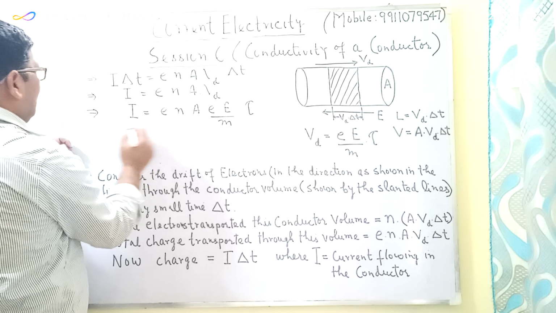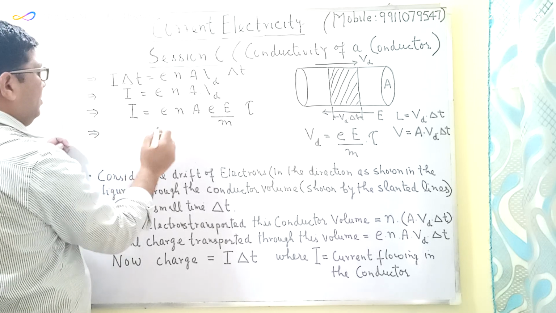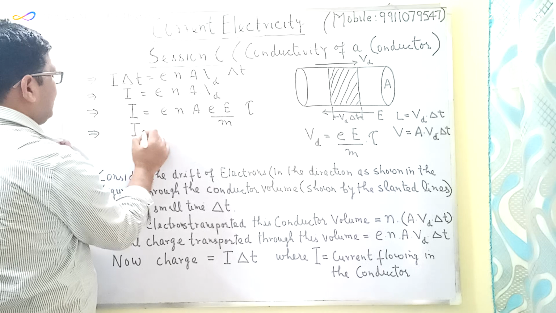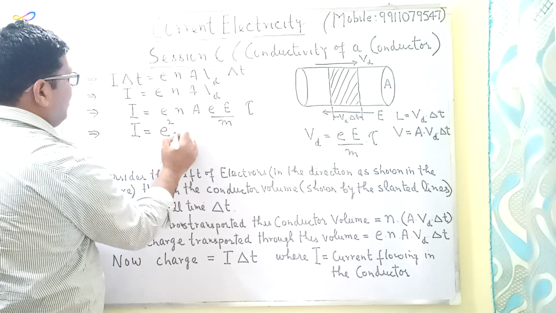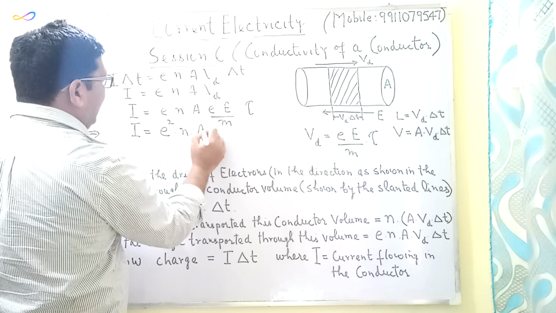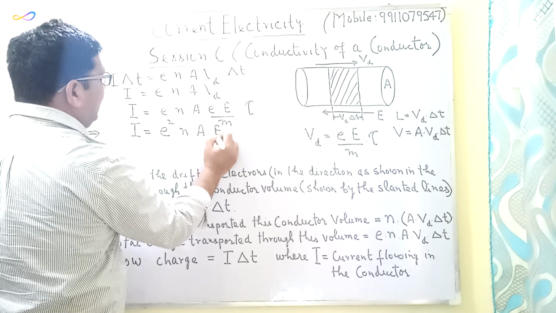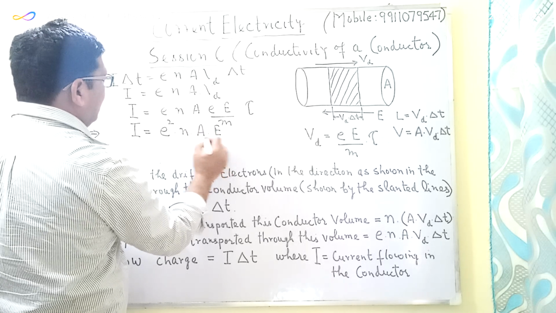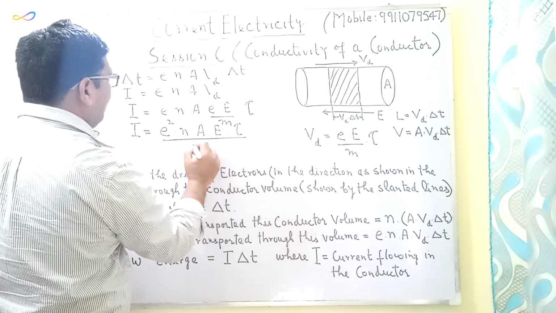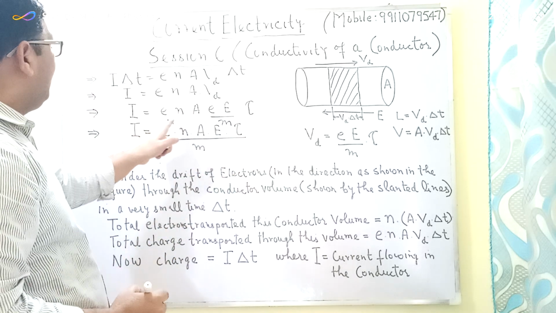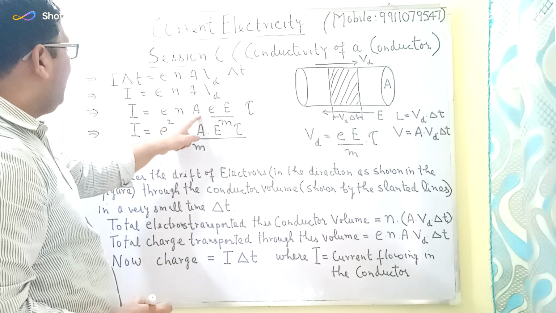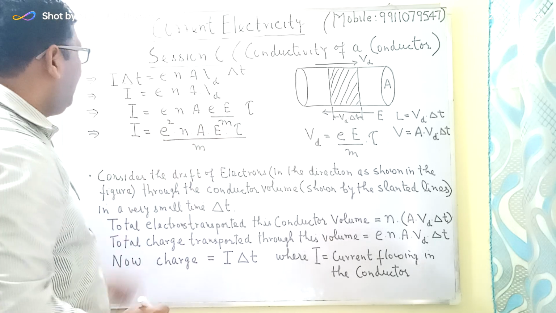So I is equal to e square N A E tau divided by m.